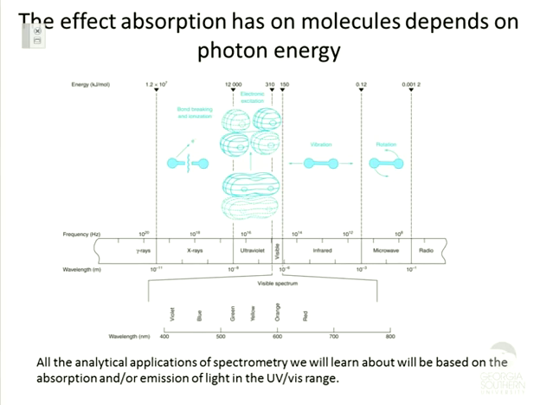What does it mean to ionize a molecule? Take an electron right off of it. In the UV-vis, you can lift an electron with the photon, but if the photon has even higher energy, not only can it lift it, it can knock it right off. So ionization is the next thing that can happen at higher photon energies. Anyway, this is one of your homework questions: what are all the effects that photons can have?